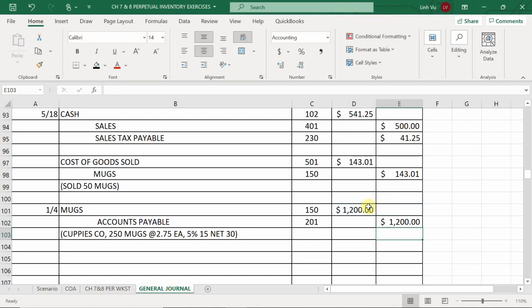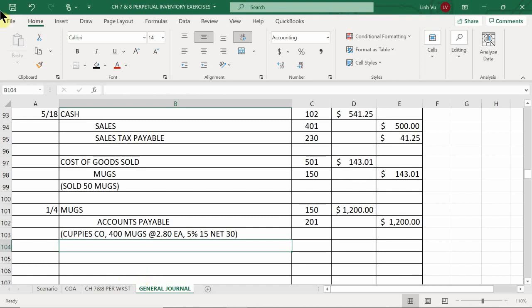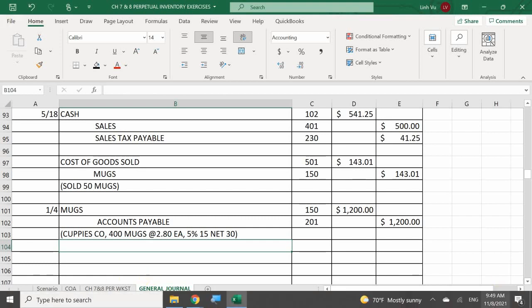Right? 280 gives you 1120 plus $80 of freight gave you a total of $1,200. Okay. Cuppies Co. 400 mugs at $2.80 with the terms of 5% 15 net 30. Okay. We've already updated our inventory on hand.